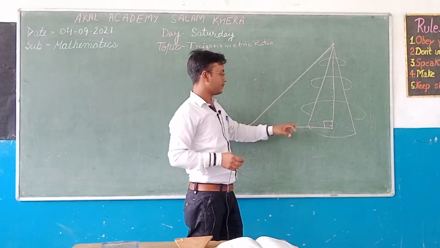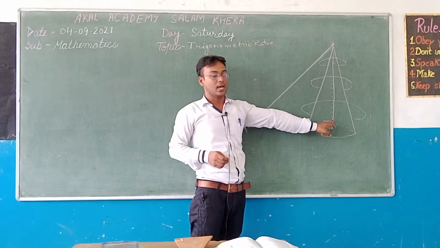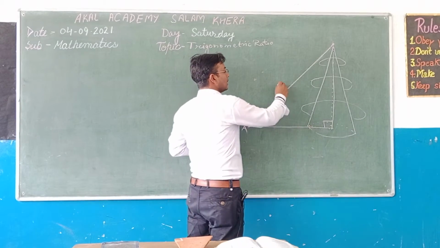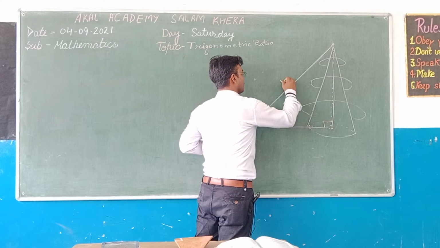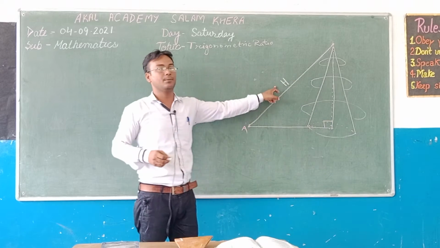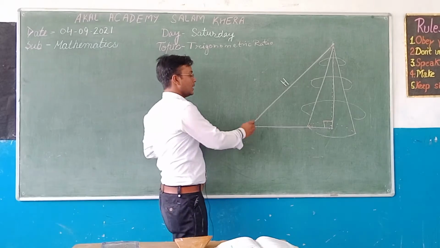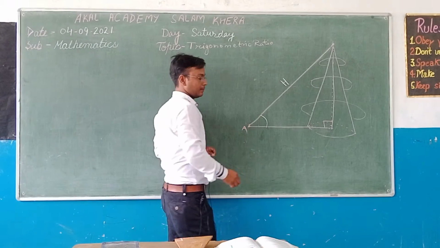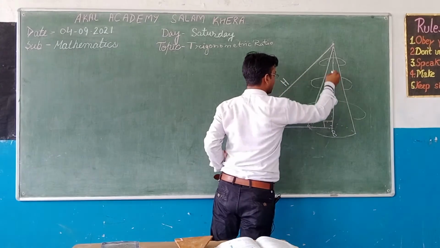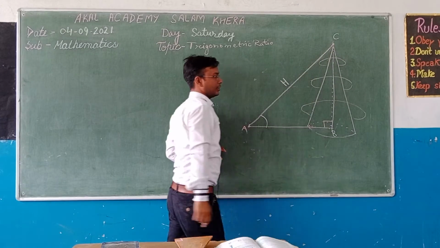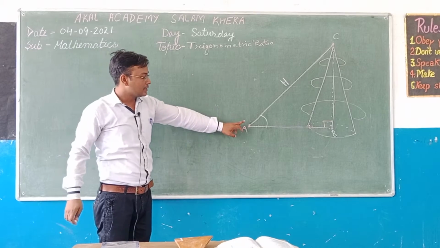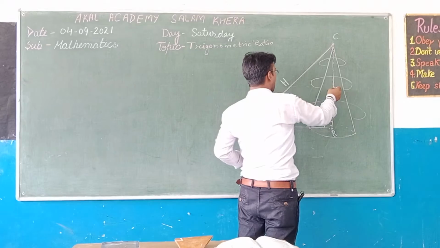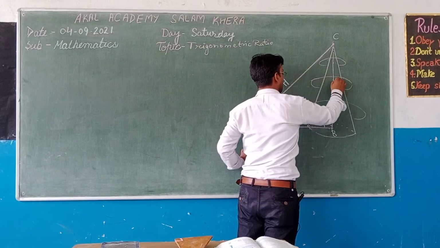Look here. This is the right angle, and you know a side opposite to the right angle is known as the hypotenuse. So this is the hypotenuse, and this one acute angle is given as A. This is the right angle, this is the other acute angle, and the side opposite to the given acute angle is called the perpendicular.